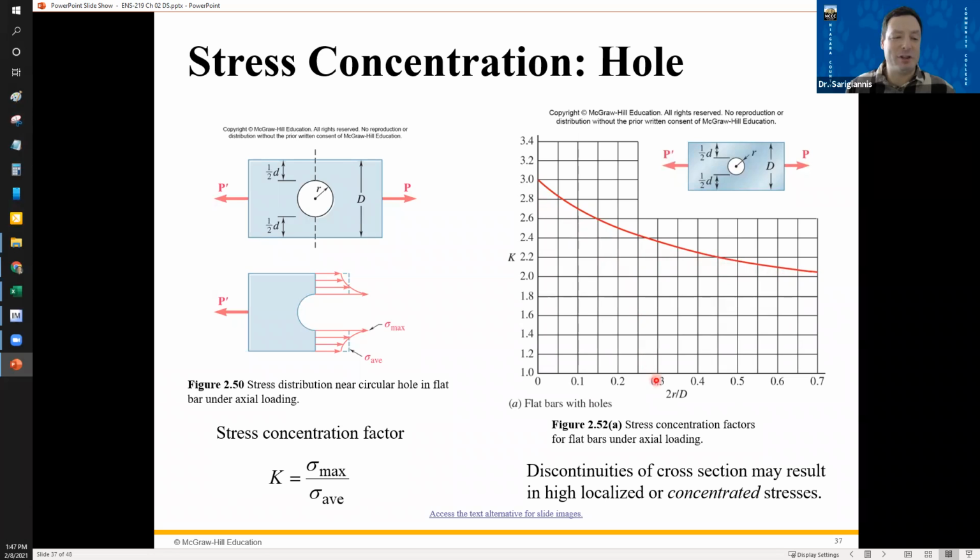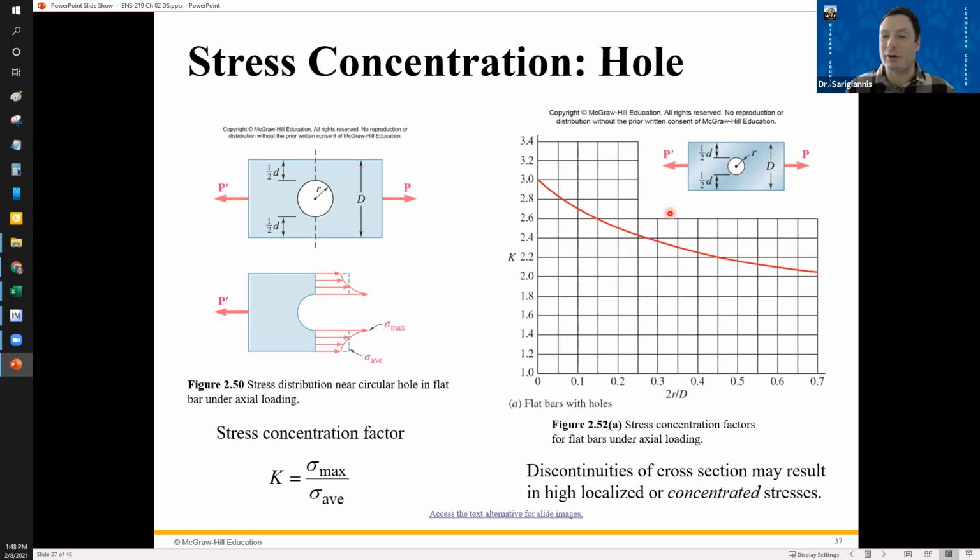And if you look at the limits of this, as your big D gets very big, or your radius gets very small, that concentration factor goes up. As you get bigger in radius, your K goes down. It just means that you're spreading things out, and this is the ratio of the max divided by the average.